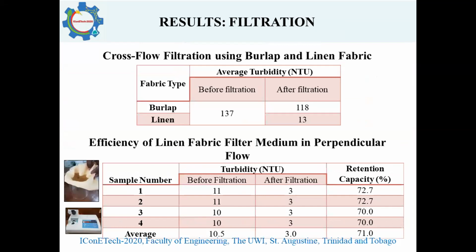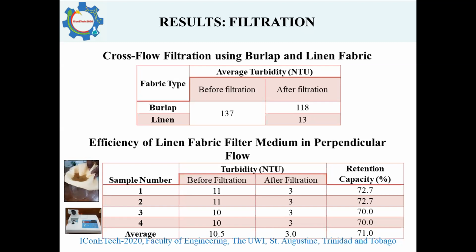From the crossflow filtration demonstration and the previous results obtained from the microscopic analysis and surface profilometry, I used elimination. I eliminated cotton and satin fabric and selected burlap and linen for crossflow filtration in the sediment transport channel.